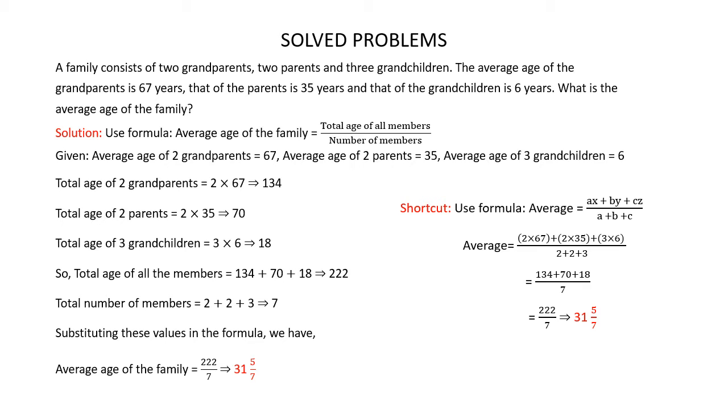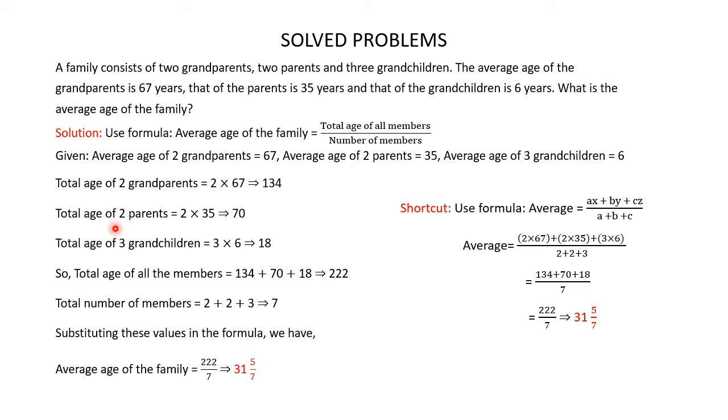So total age of two grandparents is equal to the number of members multiplied by their average, which is 2 multiplied by 67, which gives us 134.